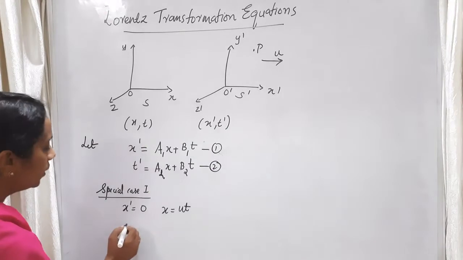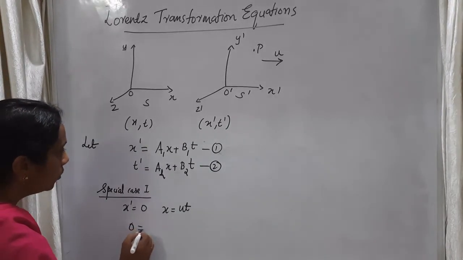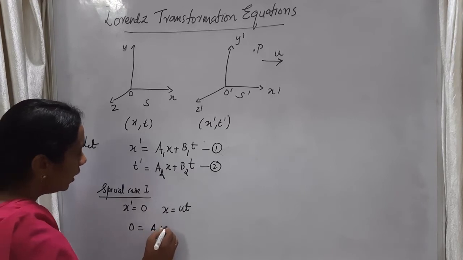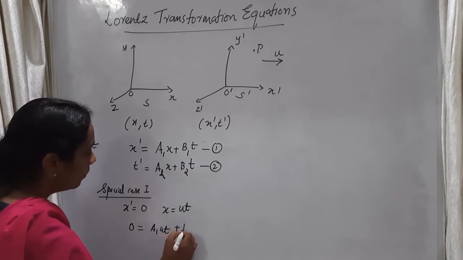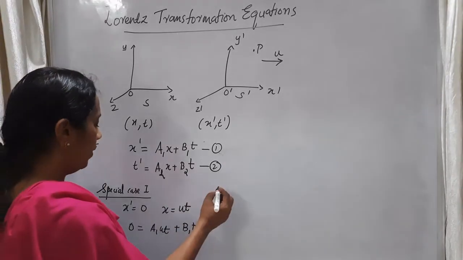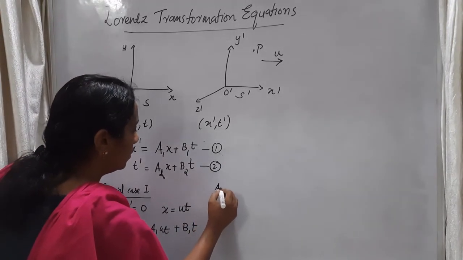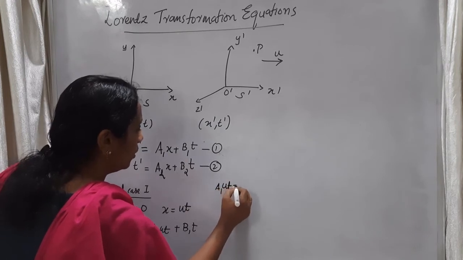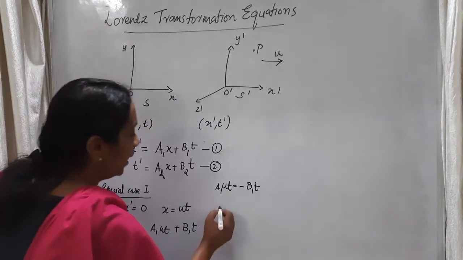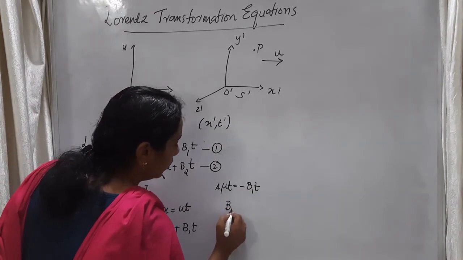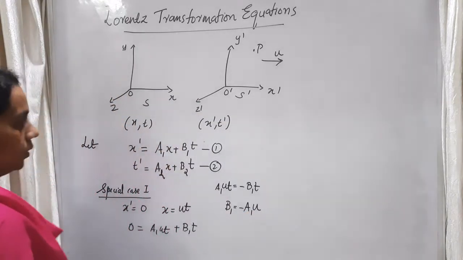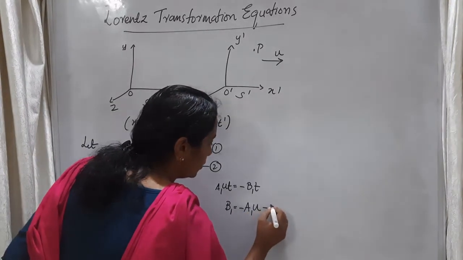Then what do we get? We get 0 is equal to a1 into ut plus b1t, or a1 into ut is equal to minus b1t, or b1 is equal to minus a1 into u. Let us take it as equation 3.